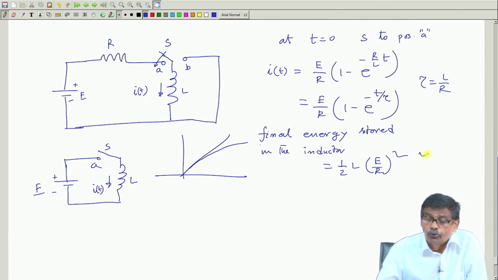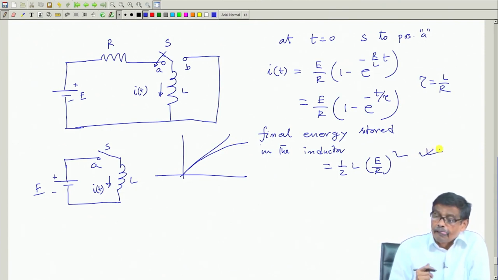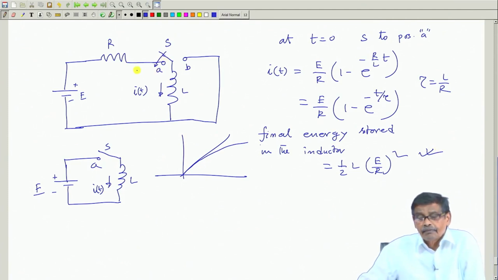Anyway, this will be the stored energy in the circuit. But if you keep S in position A, after you wait for several time constants, because we will see that in our practical circuits the typical values of the time constants will be in milliseconds.